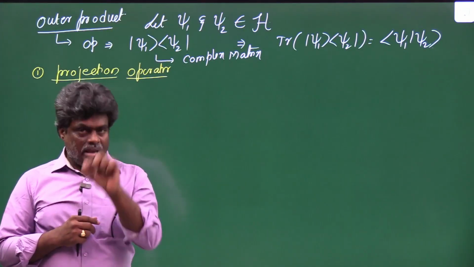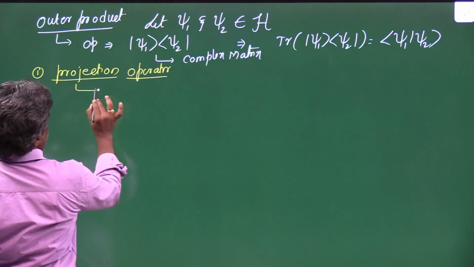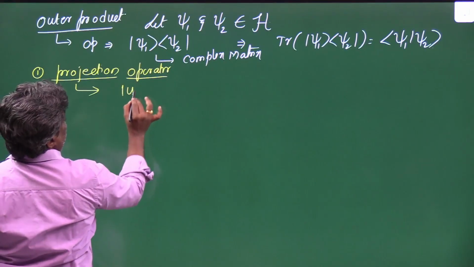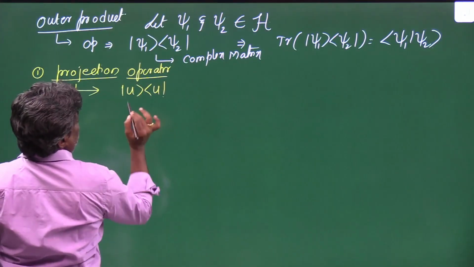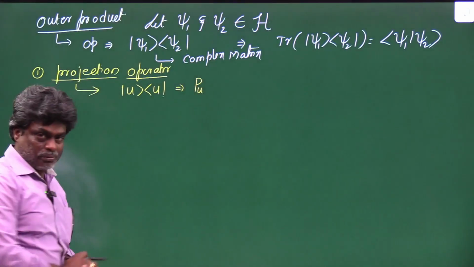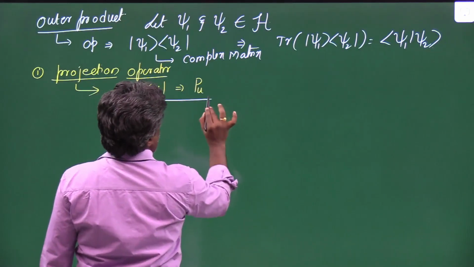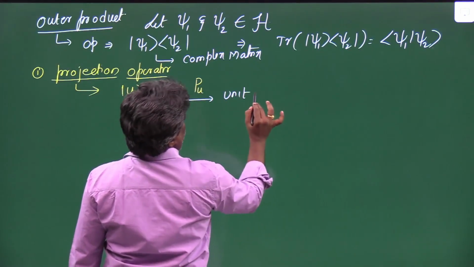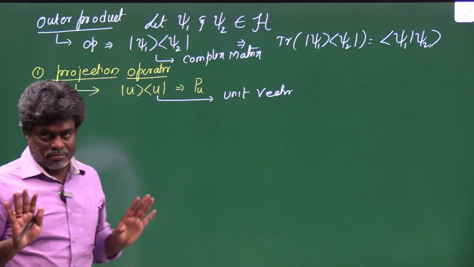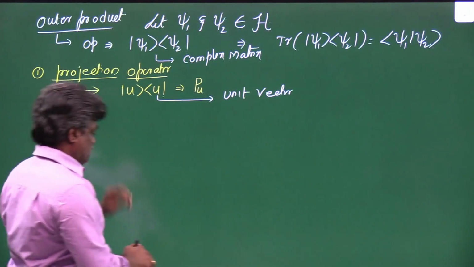If you take the same vector, let us say u and u, this is nothing but the projection operator corresponding to u. And remember, this u must be a unit vector, that means normalized, whose magnitude is equal to 1.